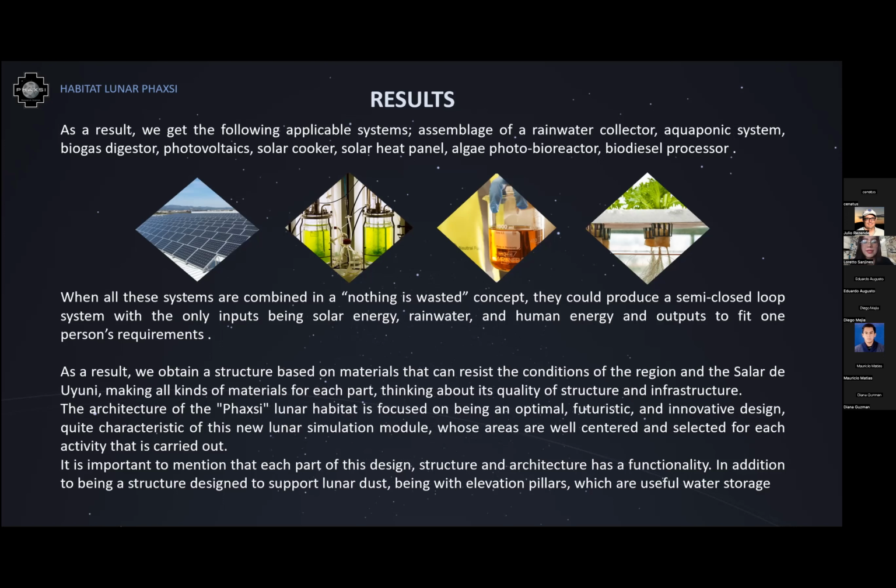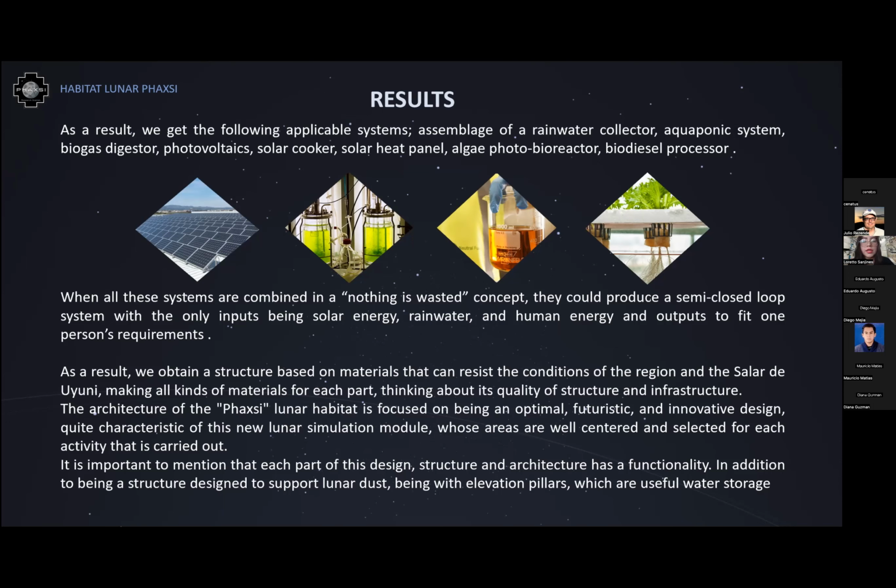When all these systems are combined in a nothing-is-wasted concept, they could produce a semi-closed loop system with the only inputs being solar energy, rainwater, and human energy, and outputs to feed one person's requirements. As a result, we obtain a structure based on materials that can resist the conditions of the region and the solar unit, thinking about the quality of structure and infrastructure.